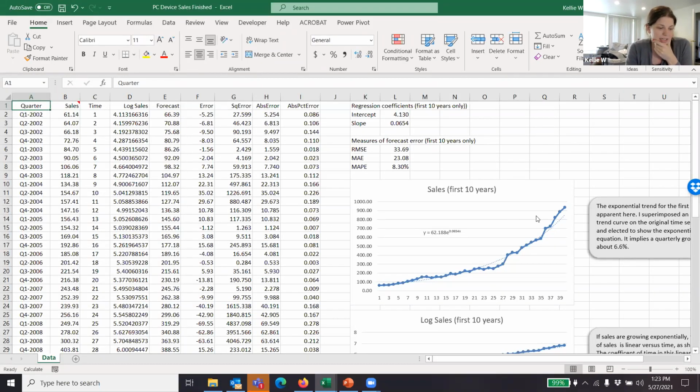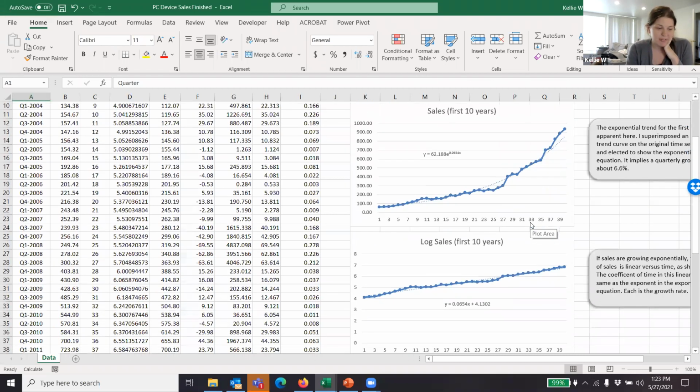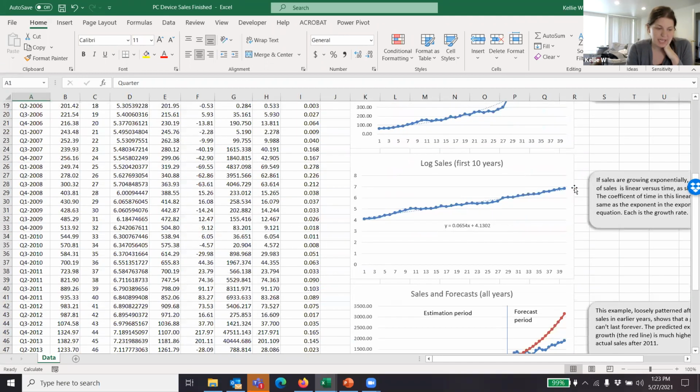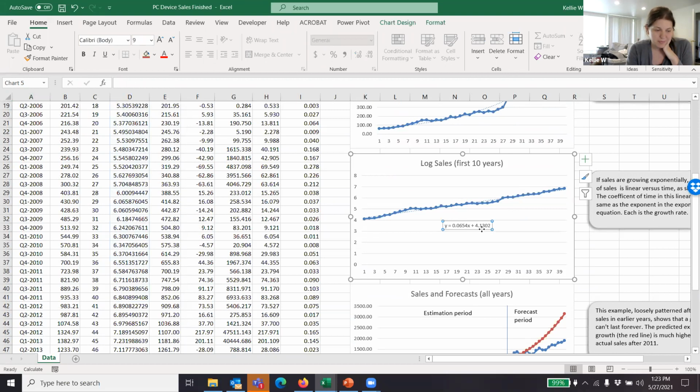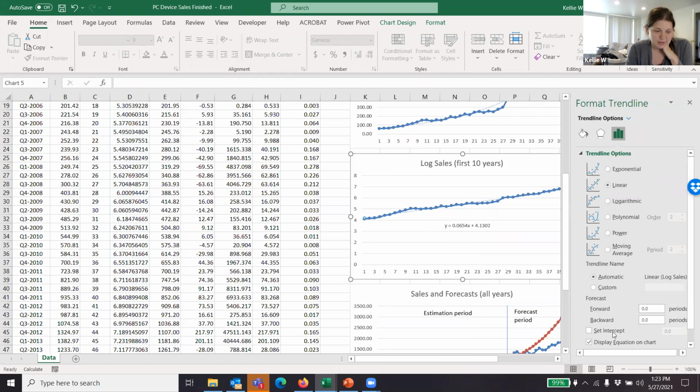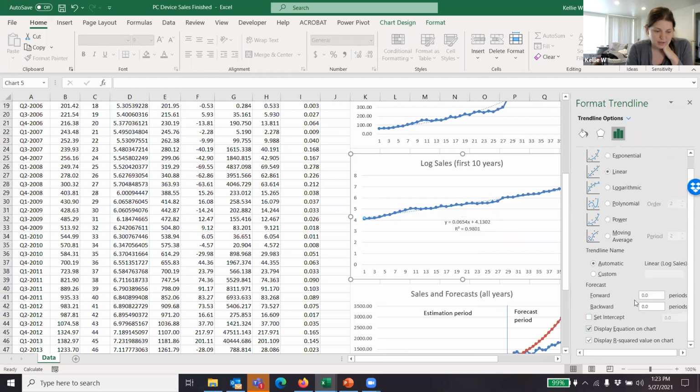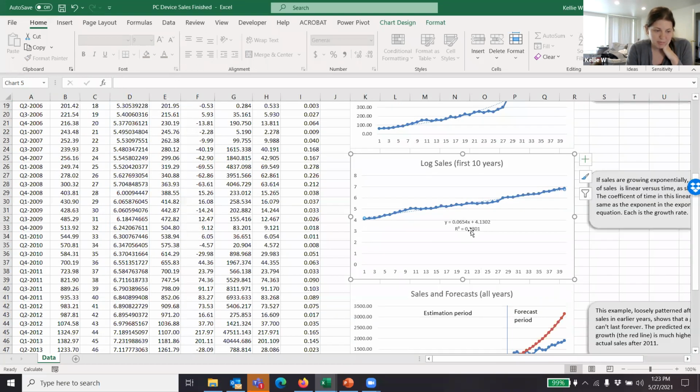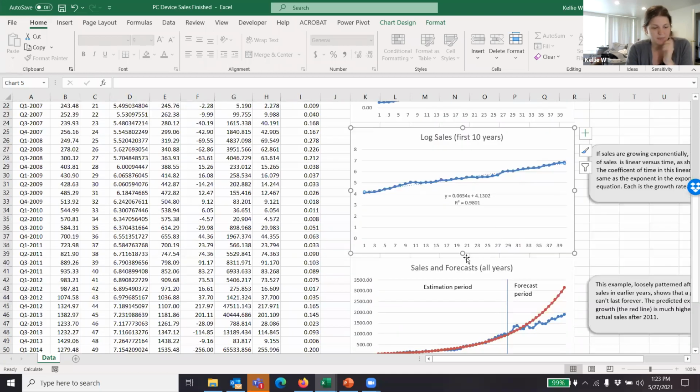When we look at this data here, we can see it's not linear, but there's potential for an exponential trend. So if we did take the log and plotted those, now we see that there is a linear trend. And I'm going to look for the R-squared. It's a pretty good fit, actually, 0.98.